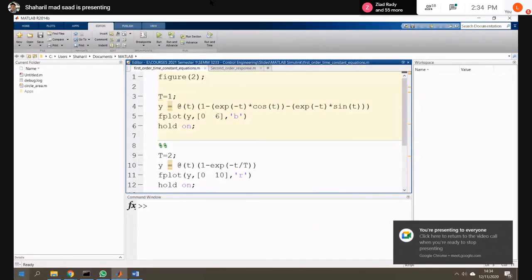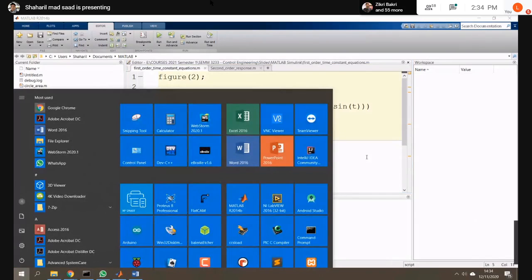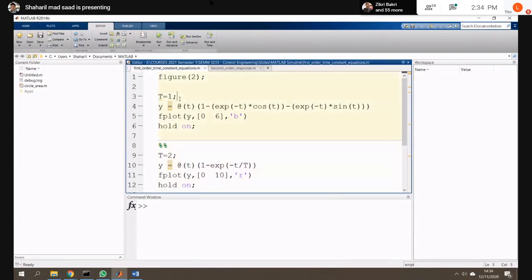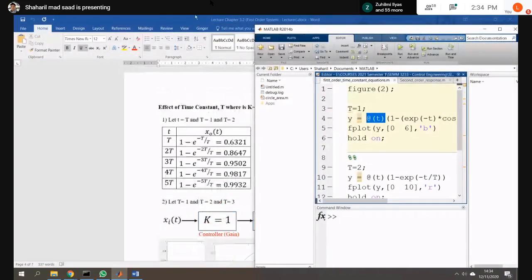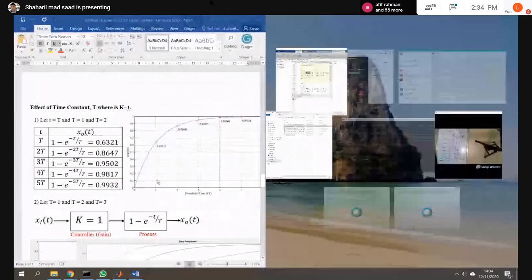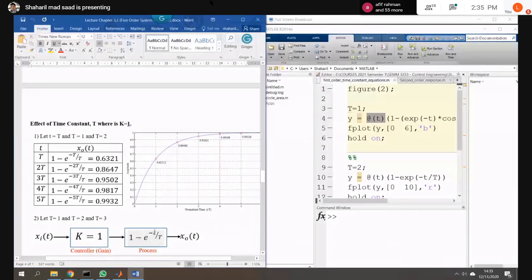So, first of all, open MATLAB, you still remember, right? And then, if you want to write the equation, for example, this equation: 1 minus e to the power of minus t over T, the time constant.